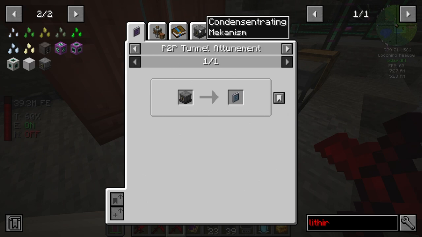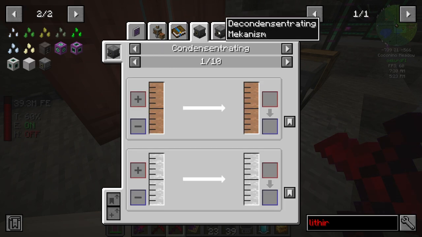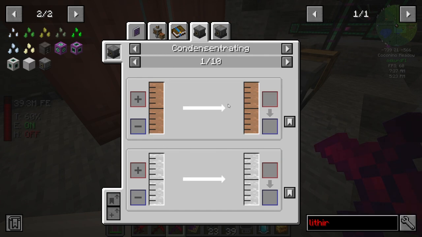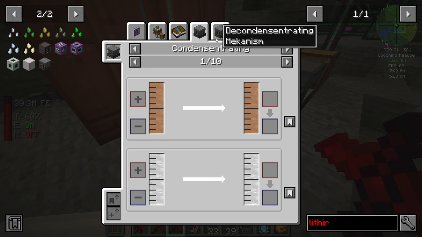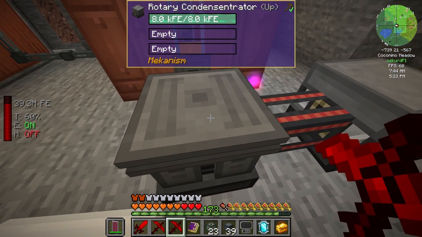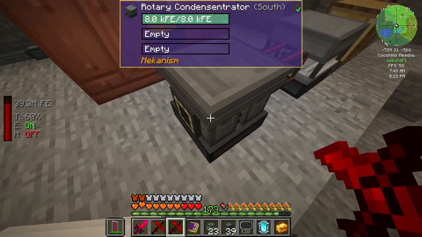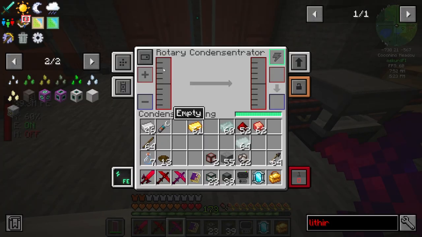Use. Deconstruct. How can I choose which one it is doing? Condensator or deconstruct thing. Rotary condensator.